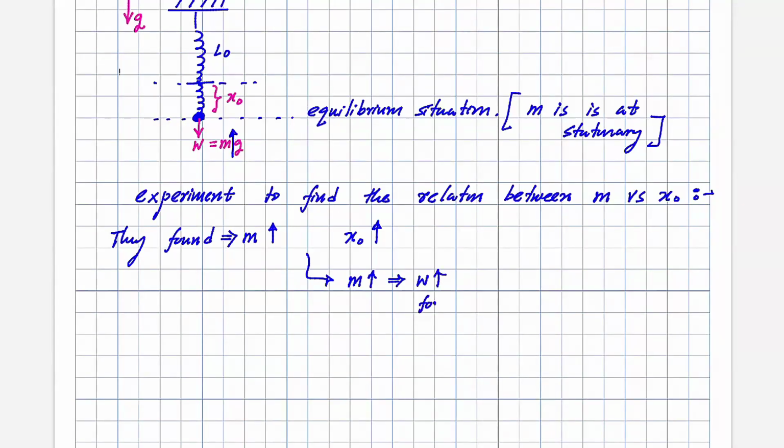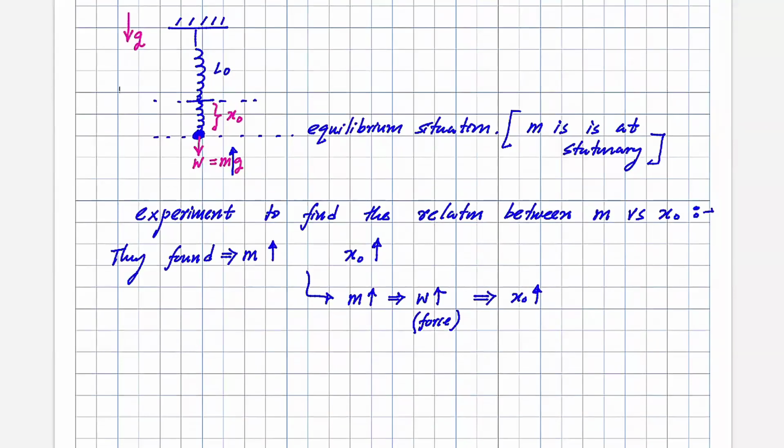W means a force, weight force. So when W is increasing, x0 is increasing. Correct? So this fundamental experiment they did. Okay. Now all of these are conceptual. You have to understand. Each and every word I can't document.